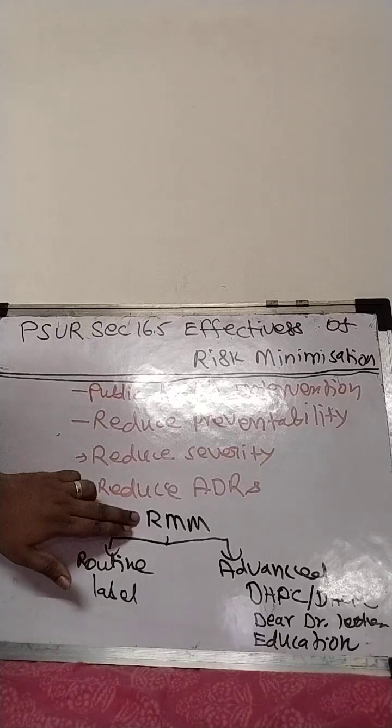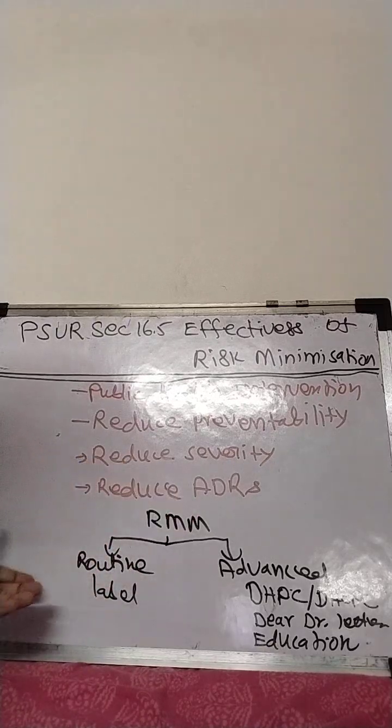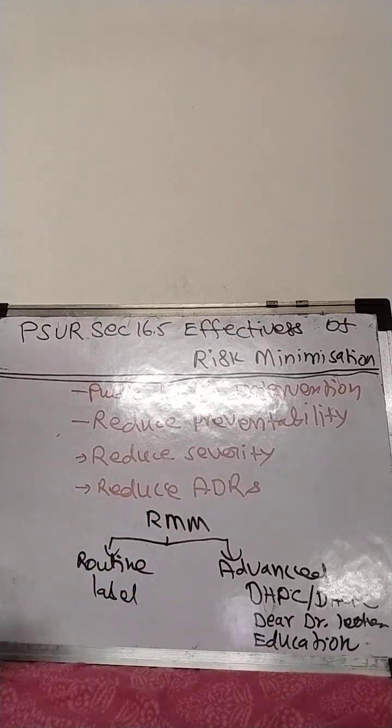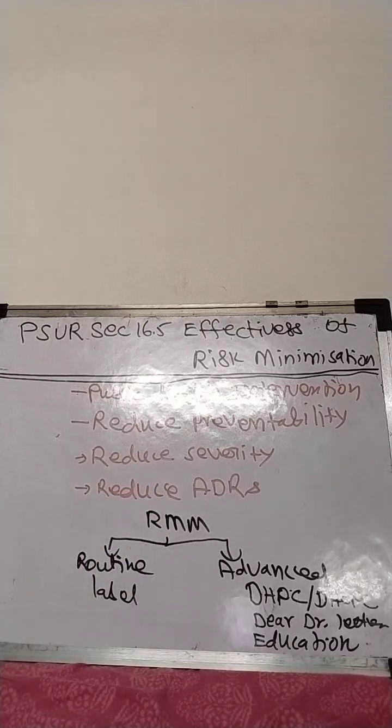Risk minimization measures, as you know well, are routine and additional. In routine, usually they talk about labeling changes. Labeling is a routine measure, whatever we do initially to check how the label indicates; everything has been listed in the label.